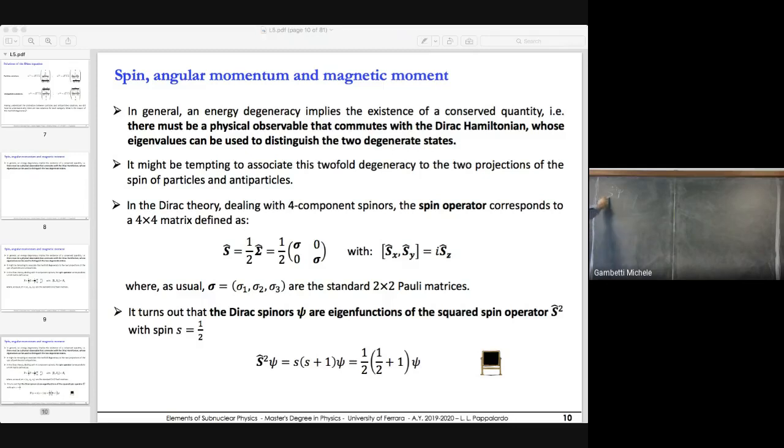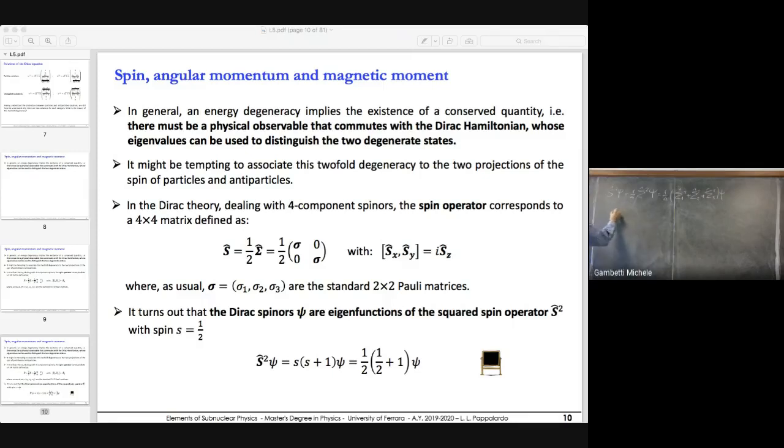So we are now applying the squared spin operator on our spinor. The squared spin operator, as defined on the slide, is just 1/4 of this sigma squared operator acting on the spinor psi. This we can also make explicit: 1/4, and then we have the three components, sigma 1 squared plus sigma 2 squared plus sigma 3 squared acting on our spinor, where again sigma 1, sigma 2, sigma 3 are 4x4 matrices expressed in terms of the Pauli matrices.